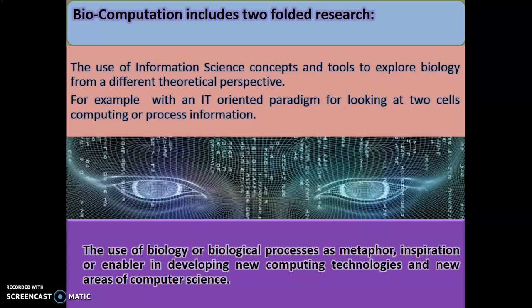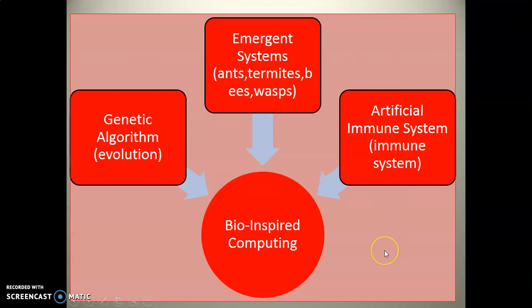Bio-inspired computing is the study encompassed under the canon of biologically inspired computing and their biological counterparts. Mainly there are three things. First is the genetic algorithm, which is based upon evolution theory.